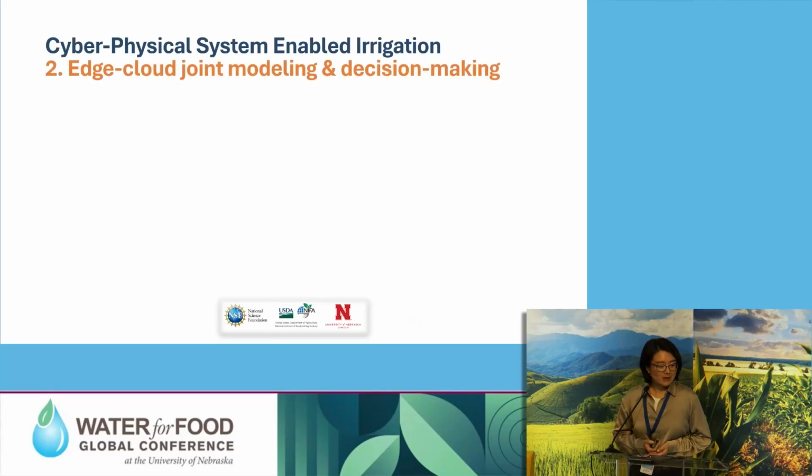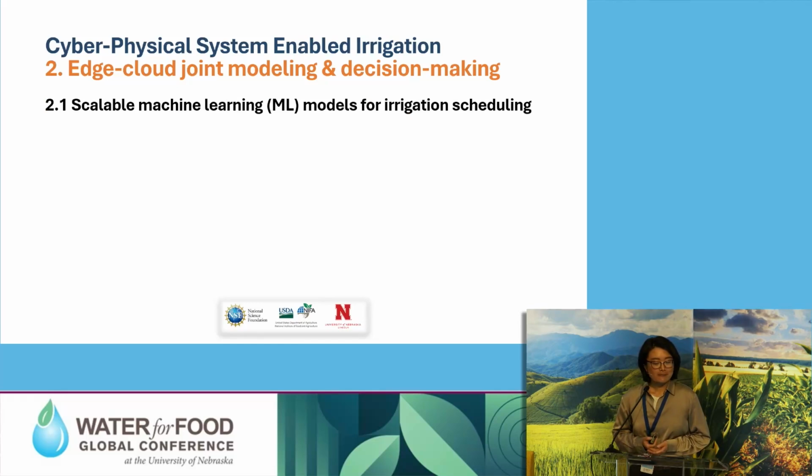The second big aim for this project is edge and cloud joint modeling and decision making. One of the major parts of this aim is to develop the machine learning based irrigation scheduling model.